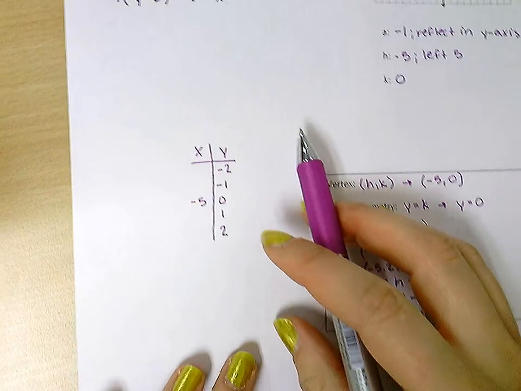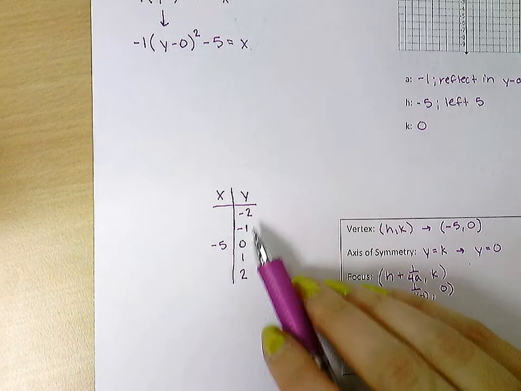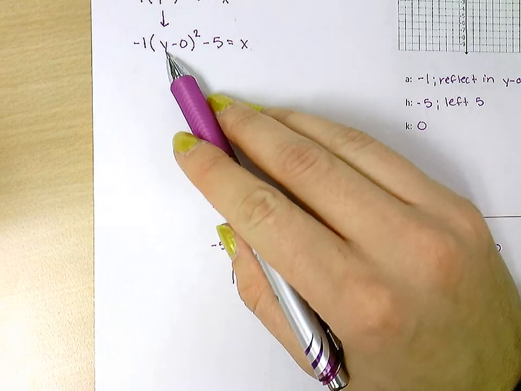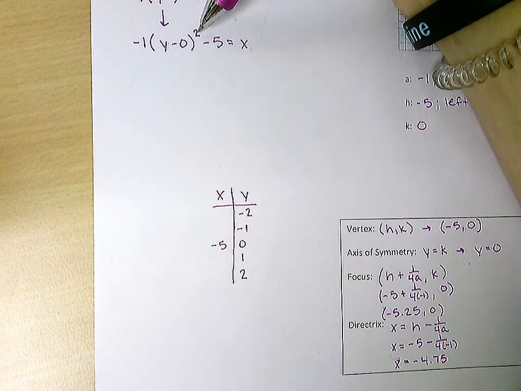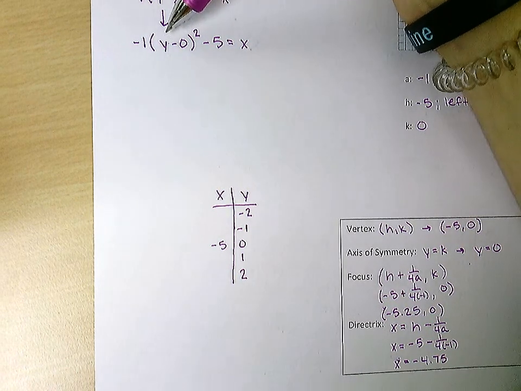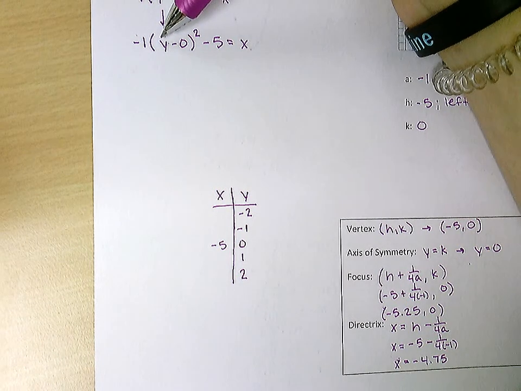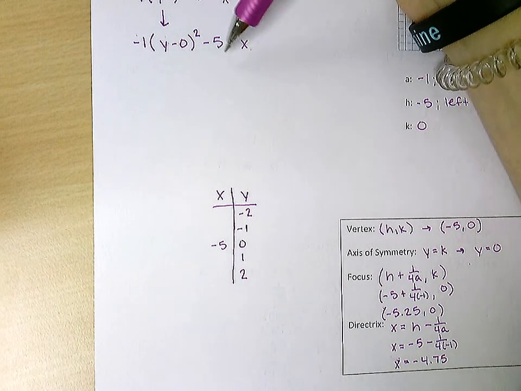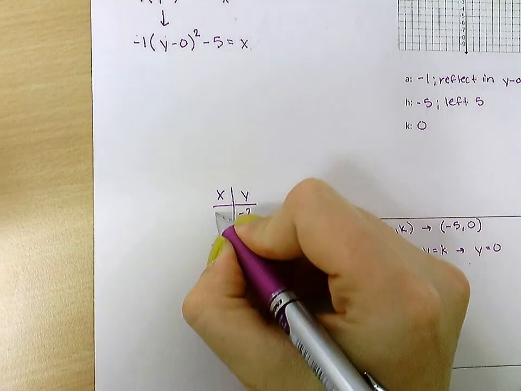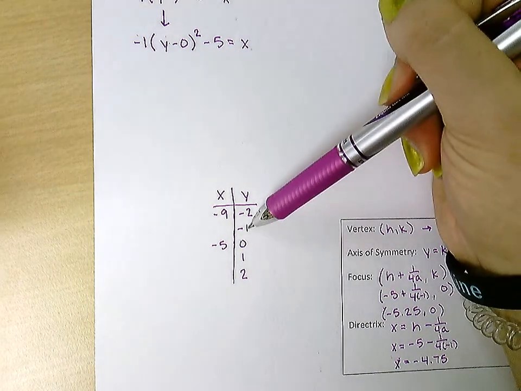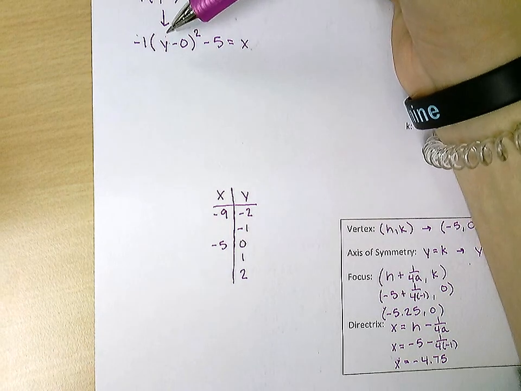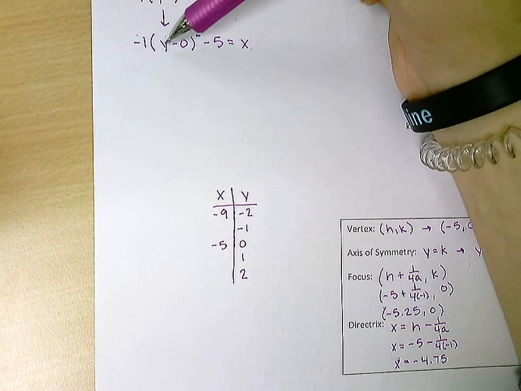So I can plug in -2 for y. If I have -2 squared, that's 4. 4 times -1 is -4, minus 5 is -9. Same thing with -1. -1 squared is +1.